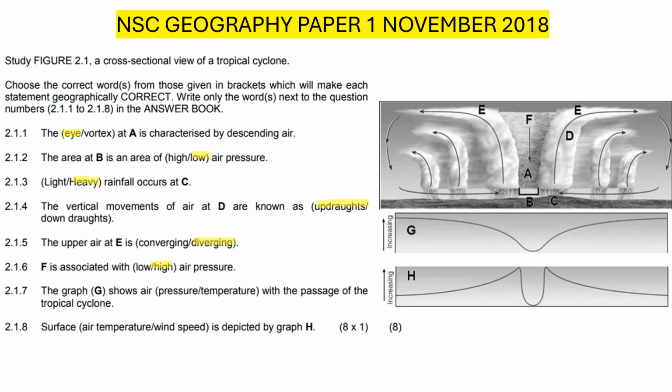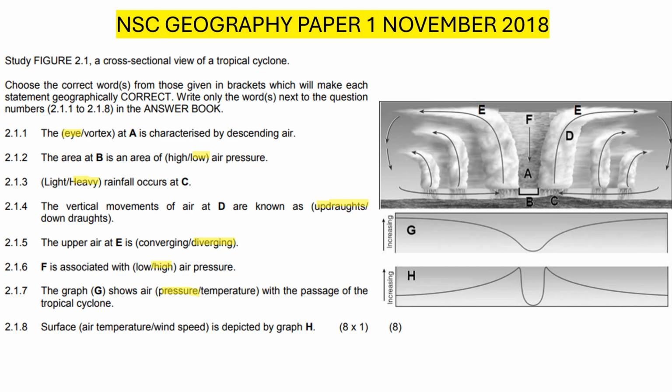On the outskirts you have higher pressure, and as you go to the center of the cyclone, the pressure becomes less, where the lowest pressure is found at the center or at the eye, and as I pass through the eye wall, the pressure starts climbing. So graph G represents air pressure, because the lowest pressure is found at the eye.